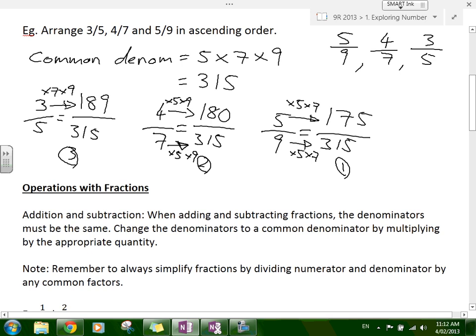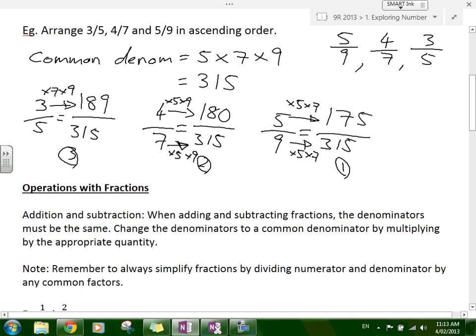And always remember, as much as possible, you need to simplify fractions when you're done with the answer. Simplify by dividing the numerator and the denominator by common factors. For example, with a common factor of 2, let's divide top and bottom by 2. Always write fractions in their simplest form.